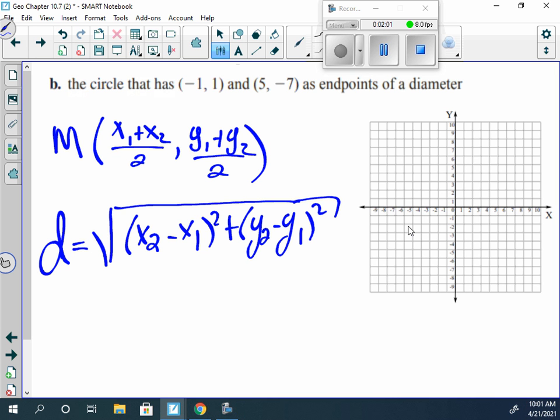But since we're using two endpoints of the diameter, we'll actually have to divide the number that we get by 2. Because when we use the distance formula for the two endpoints of the diameter, we're not getting the radius, we're getting the length of the diameter, which is twice the radius. And then once we have these, we're going to go on and graph it.